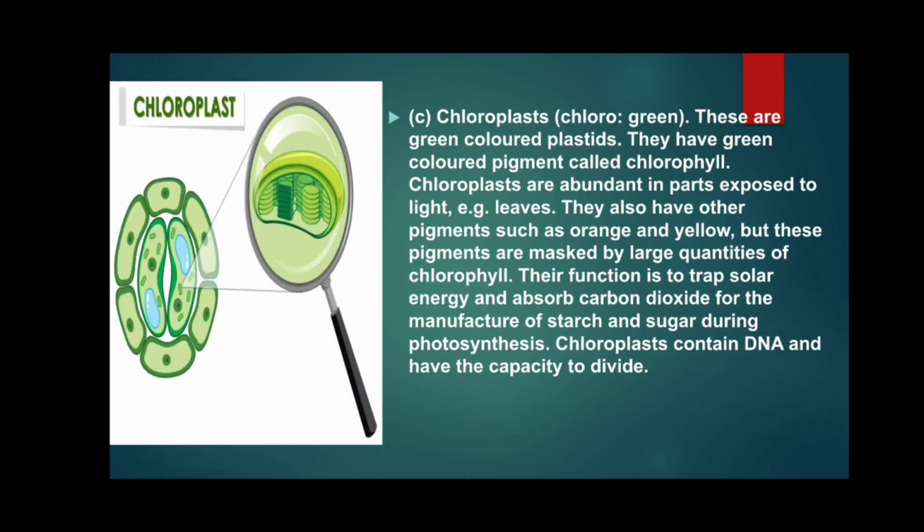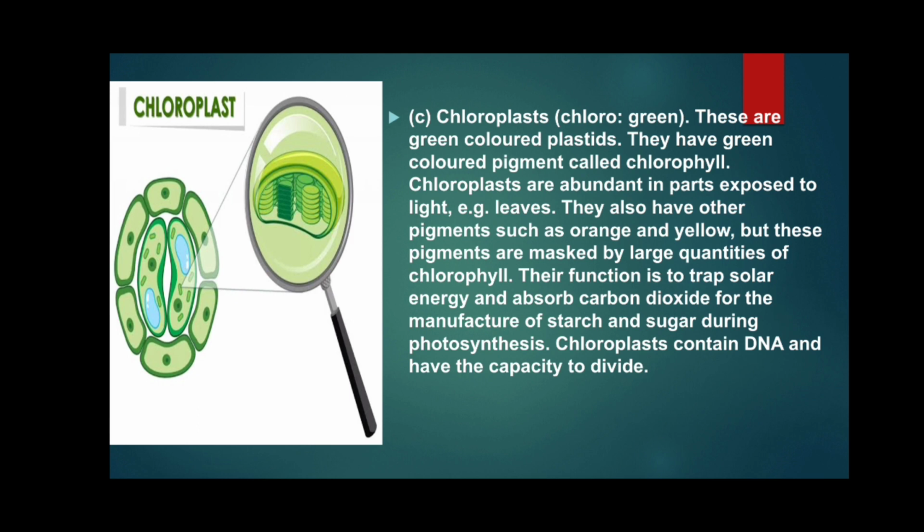Chloroplast, as we discussed earlier, is the plastid which helps in photosynthesis because it stores the green colored pigment called chlorophyll, and chlorophyll has the ability to hold the sunlight to begin the process of photosynthesis. During photosynthesis, plants produce starch, or we can say glucose, and oxygen.